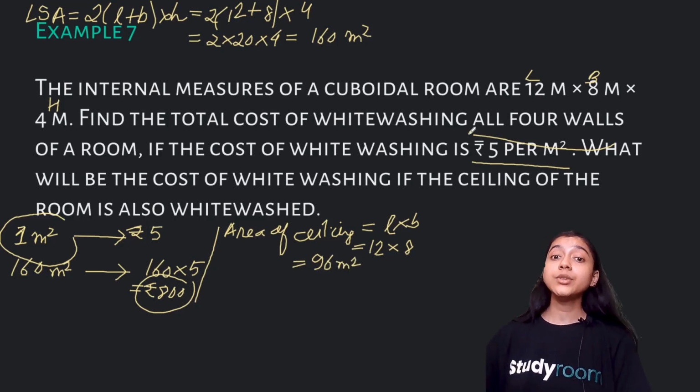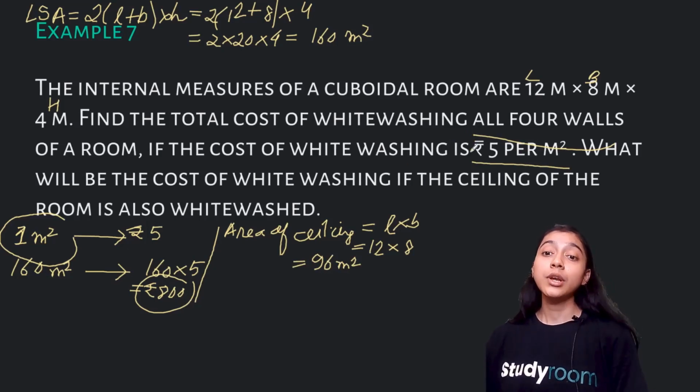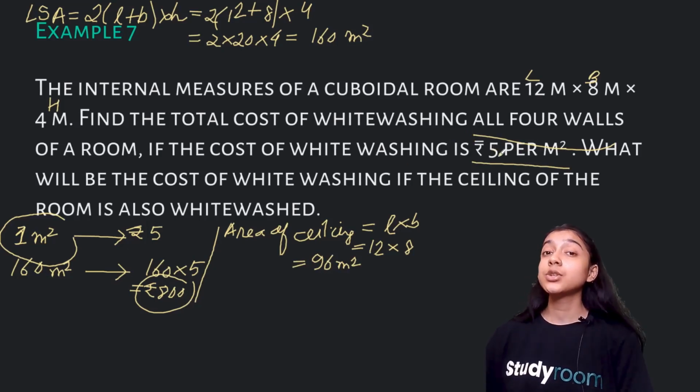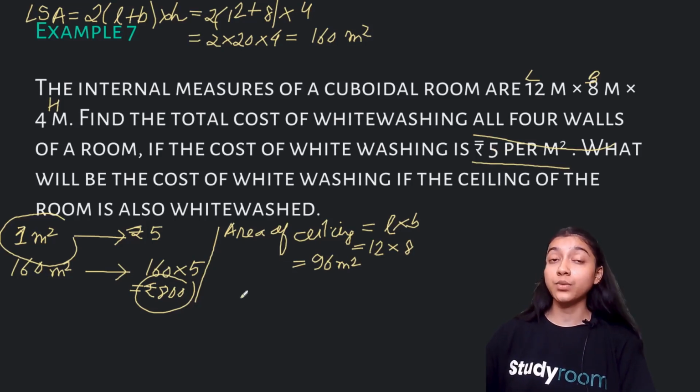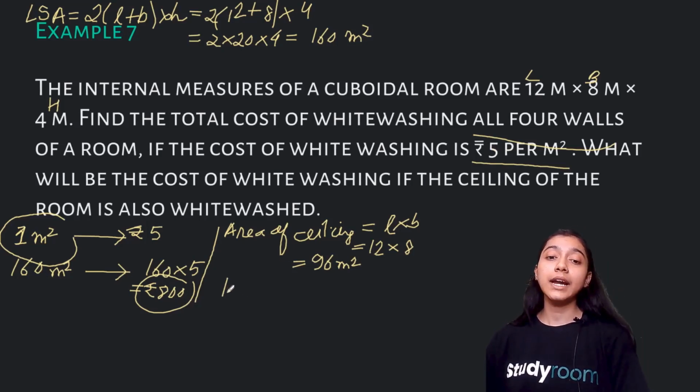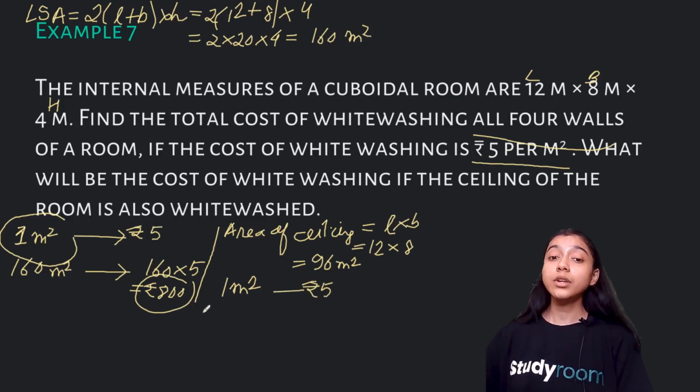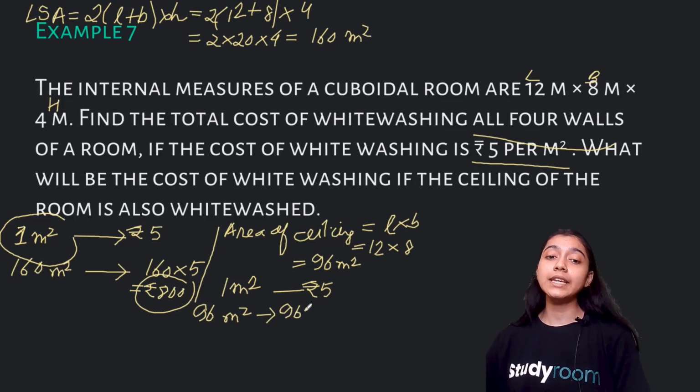Now again we'll use the information that was given to us that 1 meter square area requires rupees 5 for whitewashing. So in order to whitewash 96 meters square area, the total cost incurred will be 96 multiplied with 5, which gives us rupees 480.